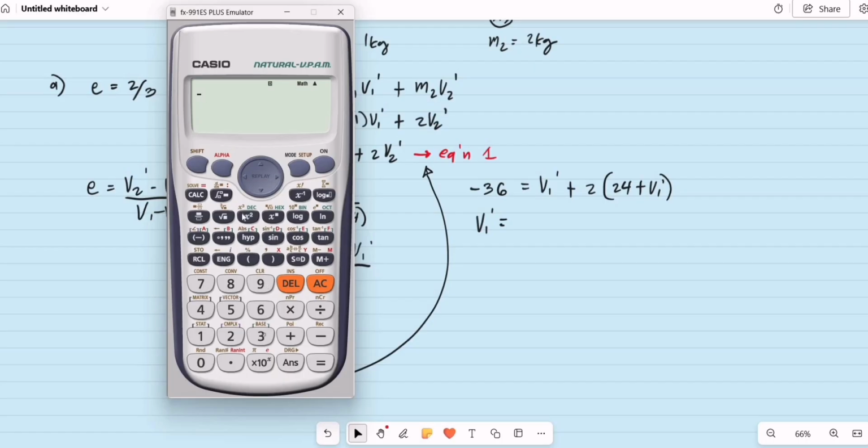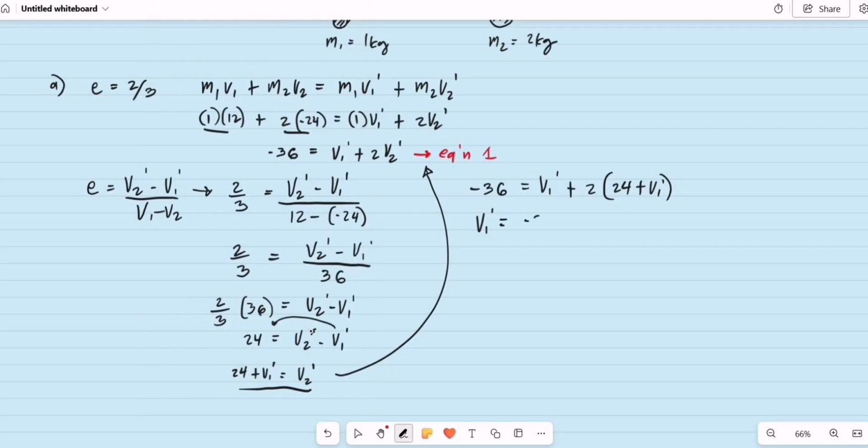So negative 36 equals v1 prime plus 2 times 24 plus v1 prime. So v1 prime is equal to negative 28.